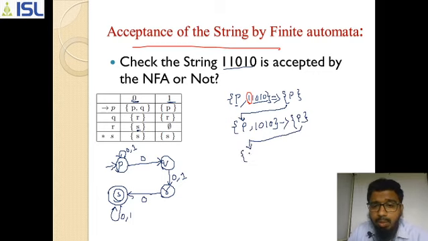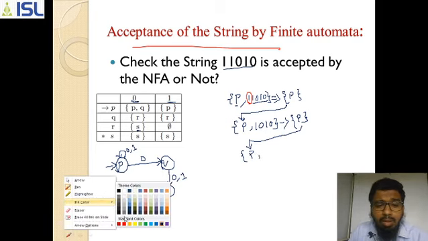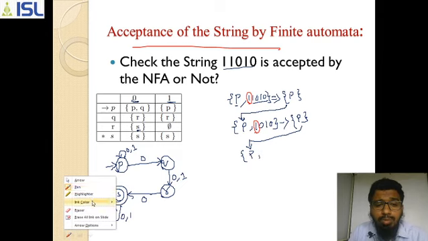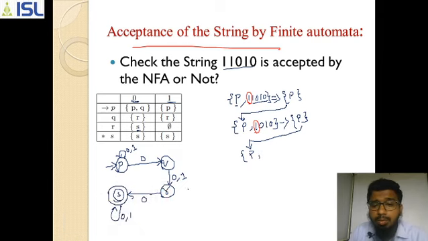Okay, P comma, what is the remaining string? The remaining string is 010. What will be the next state? If P is 0, where is it going? It is going to P as well as Q. So what is our answer?